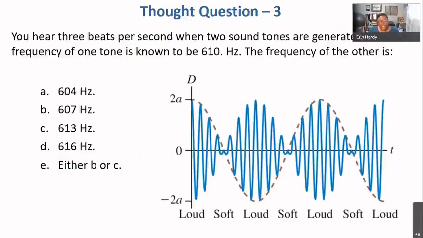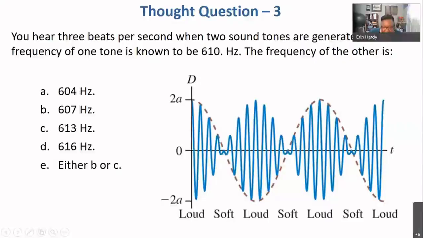So for this thought question here, this is exactly the same image that we saw a couple of slides earlier, but let's pretend that this result was the combination of a 610 hertz tuning fork and a second one. We want to figure out which of the choices here represents the second tuning fork. So we hear 3 beats per second.